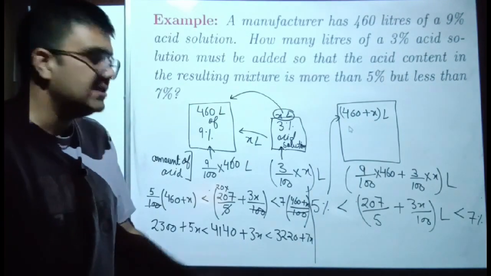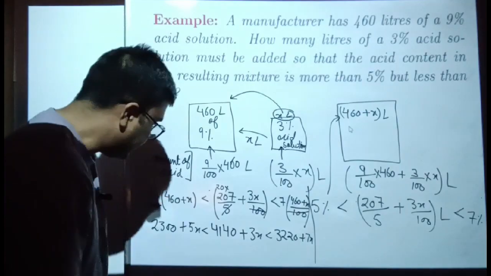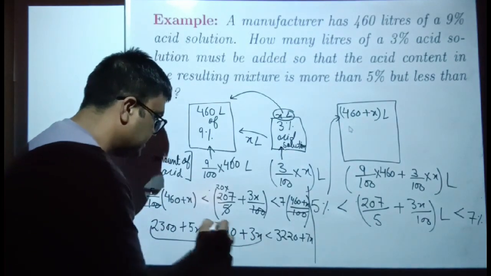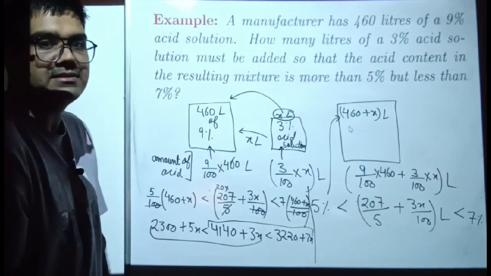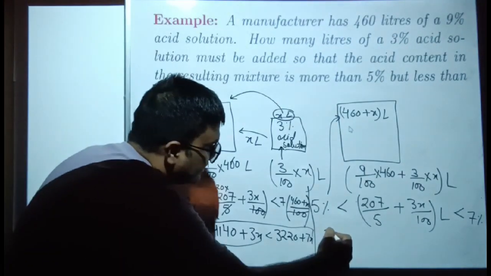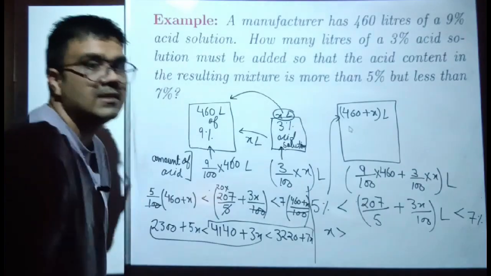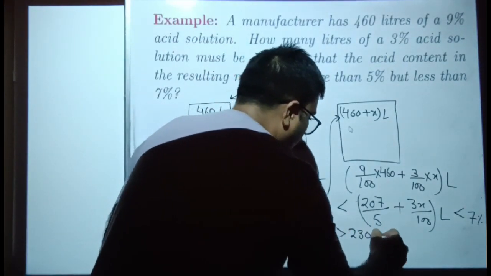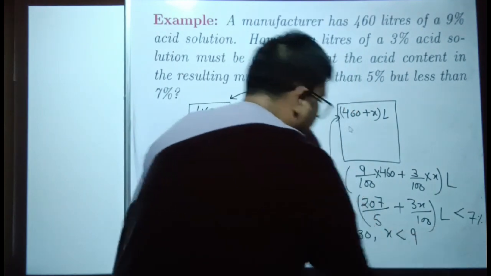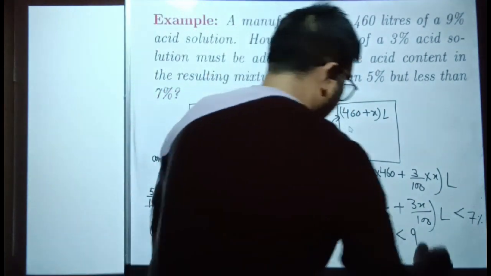And when you solve these two inequalities, this is one inequality, this is the second inequality. Try to solve these two inequalities. The answer you will get is that x should be greater than 230 and x should be less than 920.